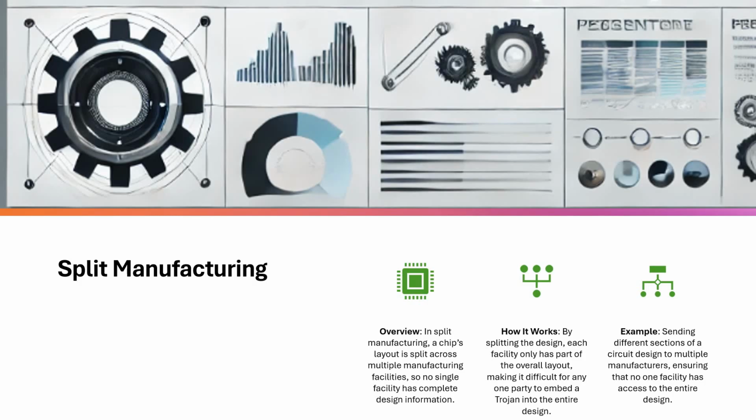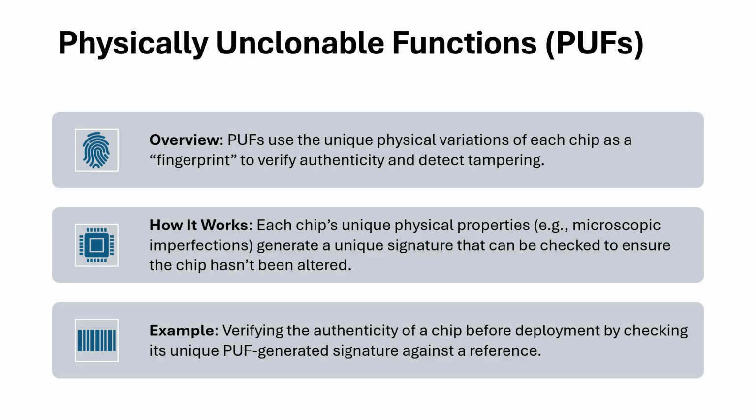So it will be very difficult for a party to embed a Trojan into the entire design. You are preventing them from knowing the complete design, while the complete design is still scattered across multiple facilities. So you are sending different sections of a circuit design to multiple manufacturers, ensuring that no one facility has access to the entire design, and thereby we can strongly trust that the design is safe from Trojan injection.